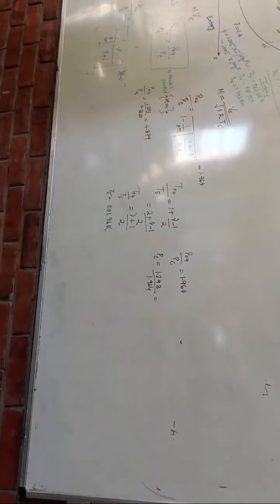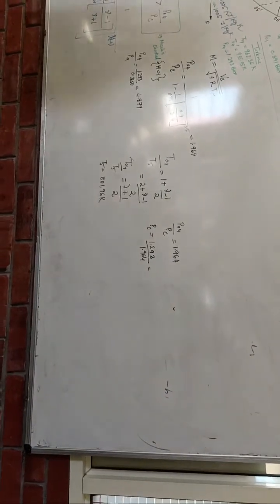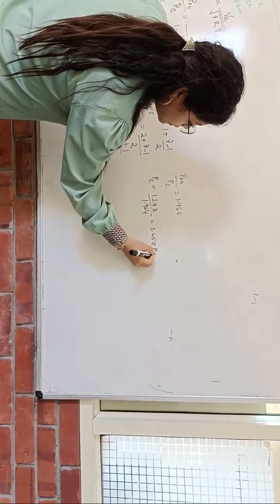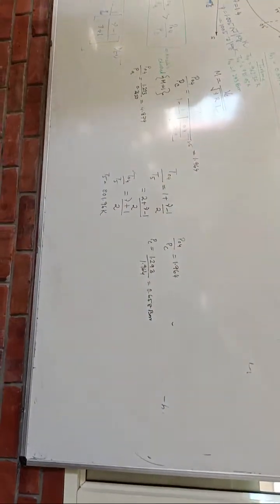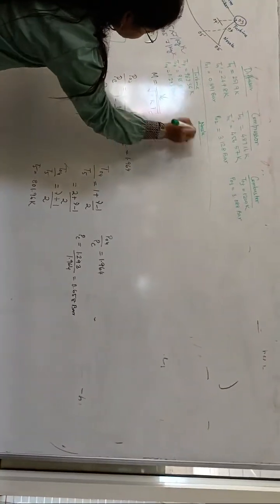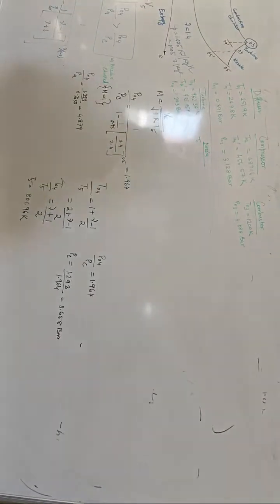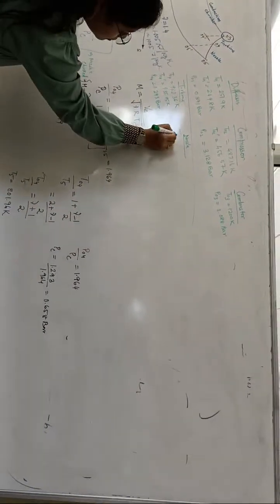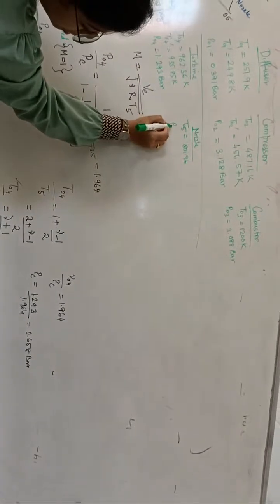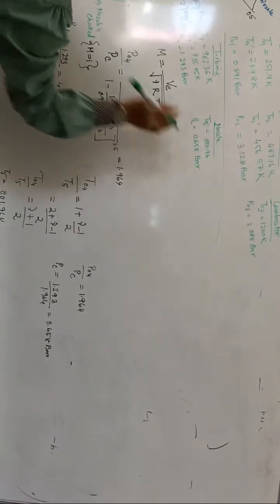Very good, 0.658 bar. Now, for the nozzle, the last component, you got all the values: T05, you got it, 801.96, and the PC value is 0.658 bar. You got all the values.